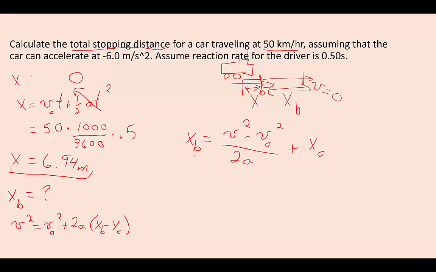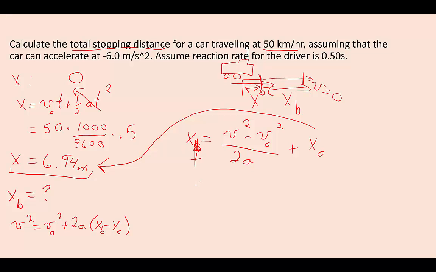Now, at this point, we can either say that our x naught is 0 and we are just looking at the braking distance and then add these two together, or we can call this the total distance traveled, and our x naught will be the distance that we traveled before we started braking. So if we do that, we save ourselves a step.